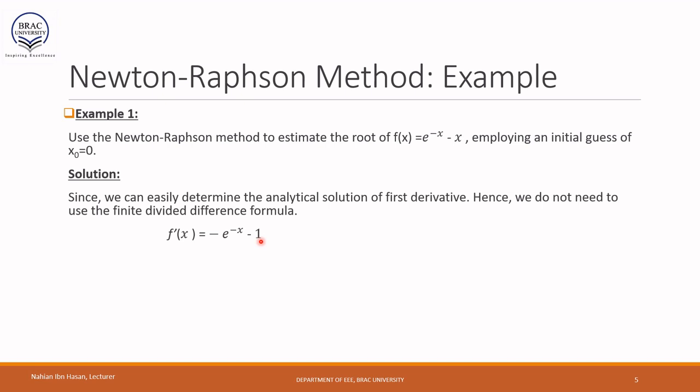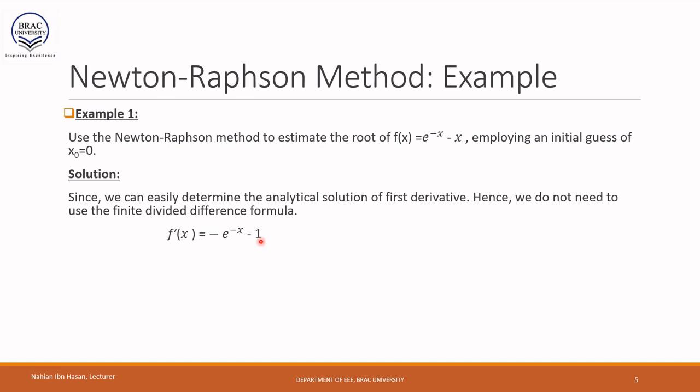So this is a simple analytical approach that we can use in this example, but in practice there are many equations for which we cannot use the analytical approach. For those cases, we are going to use the numerical methods. That means the central difference formula or forward difference formula or backward difference formula.